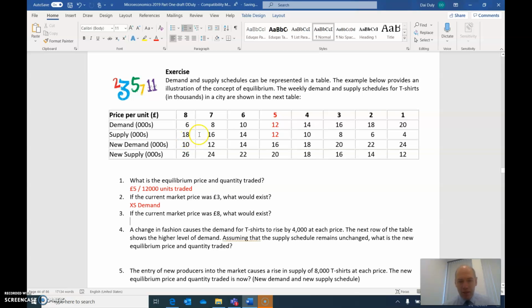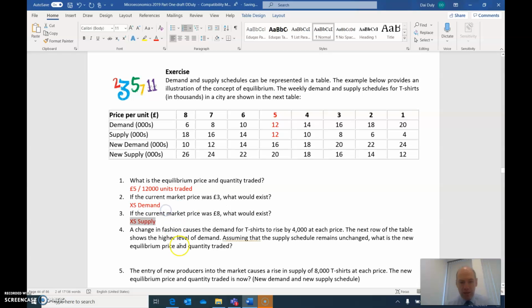What happens at a price of £8? Well, there's 18,000 supplied and only 6,000 demanded, so there's a real surplus there, or as we would say, there is excess supply.